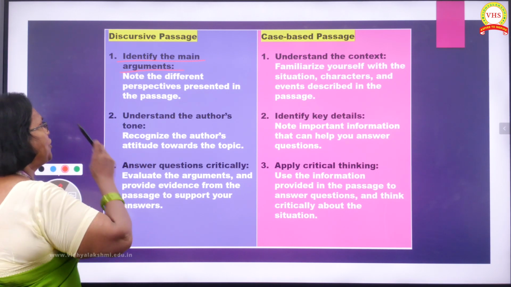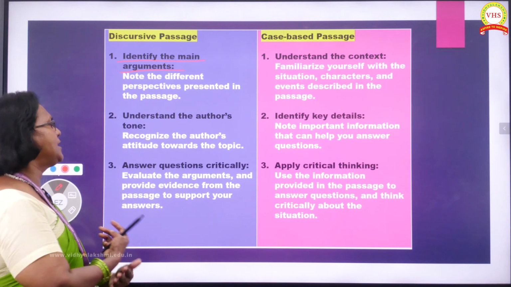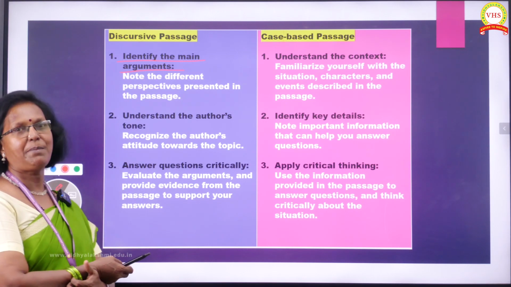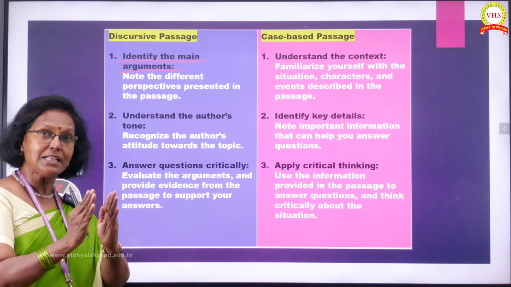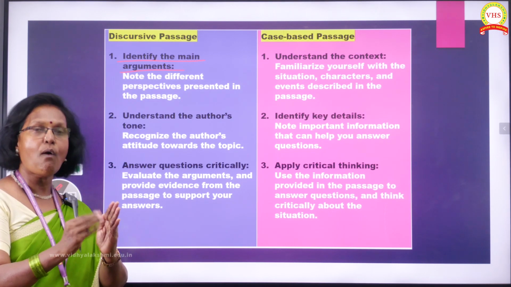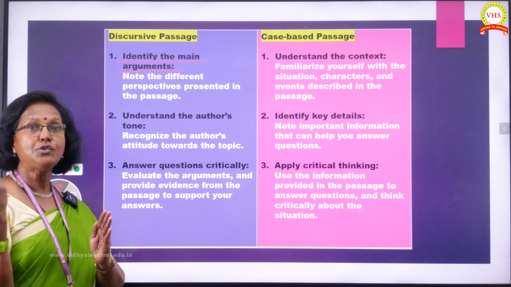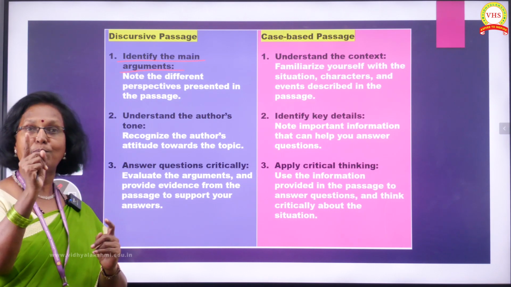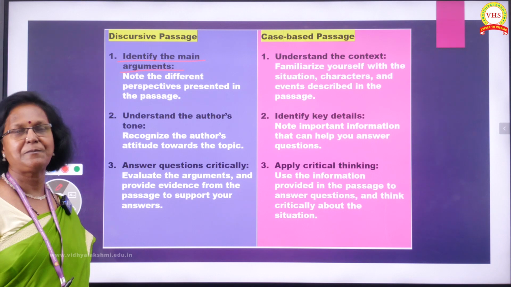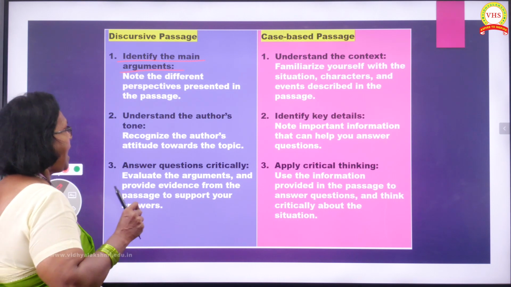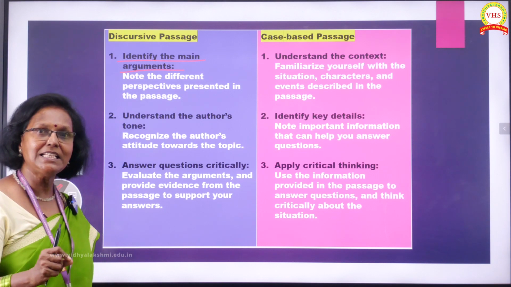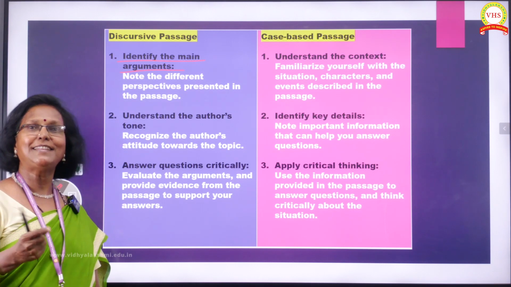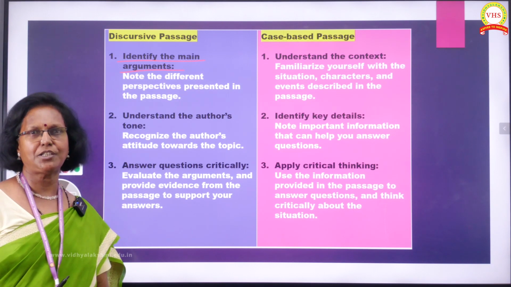And then you should note the different perspectives presented in the passage. There might be only one thing that a person is discussing or persons are discussing. So viewpoints are different. You must be able to understand that. And second thing is understand the author's tone. So you must recognize what is the author's attitude towards the topic.